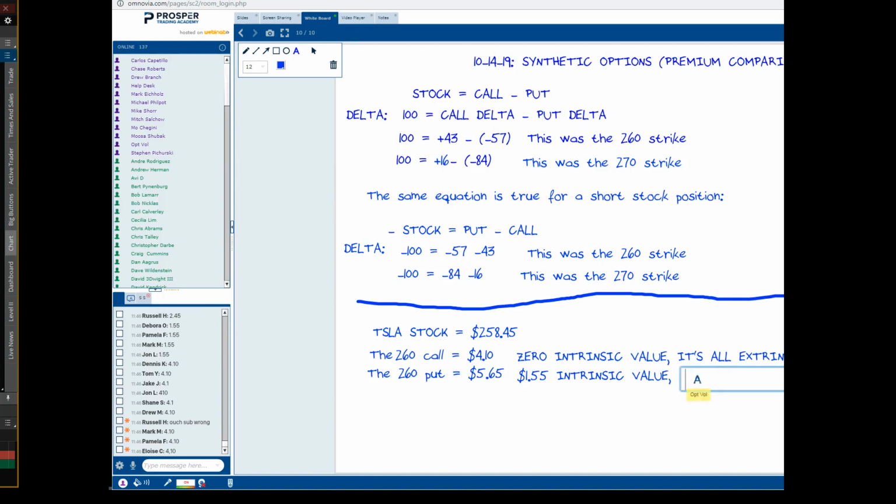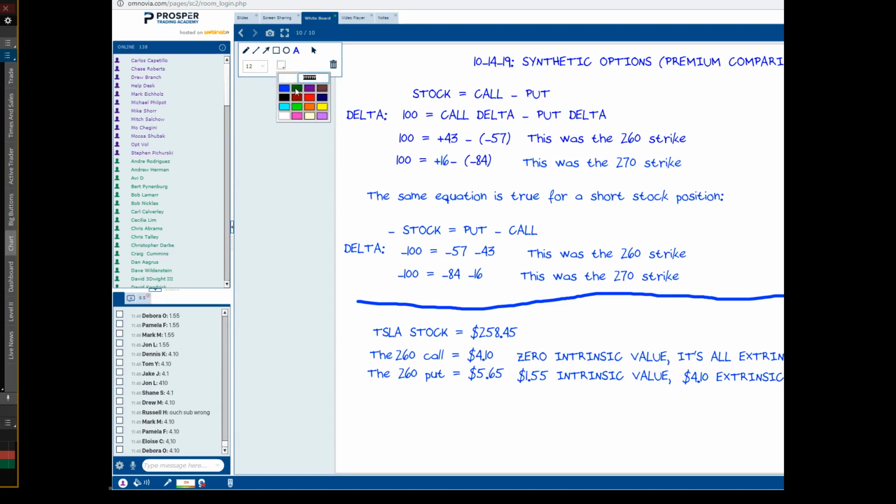So $4.10 of extrinsic value or premium. Okay?